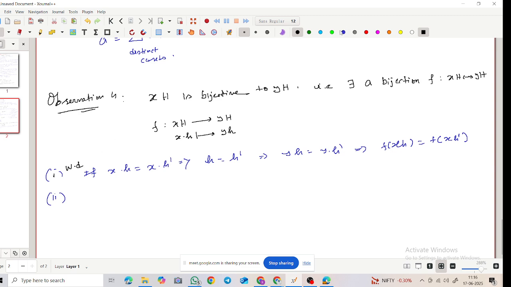Well defined. Now what about the injectivity? If f(xh) is equal to f(xh'), then you have yh is equal to yh', which is h equal to h', then xh is equal to xh'. So this is injective.